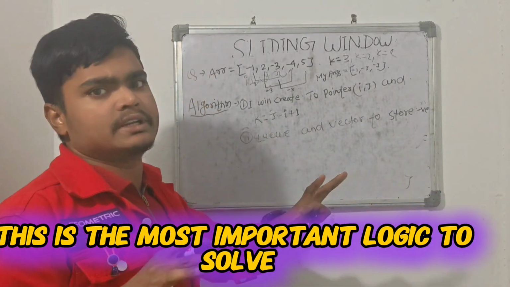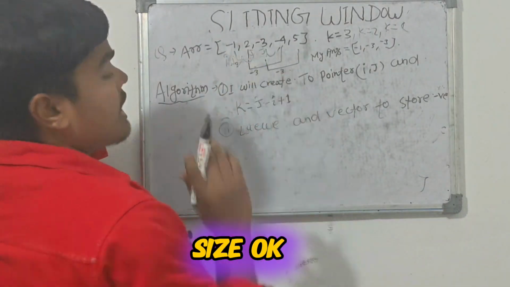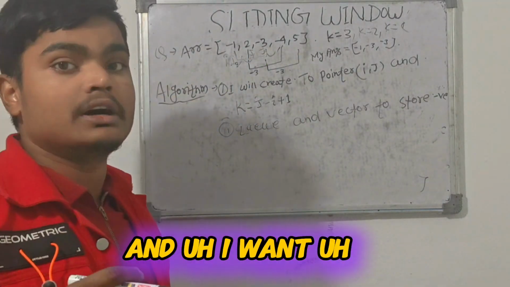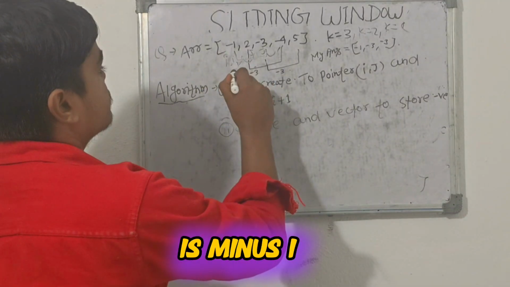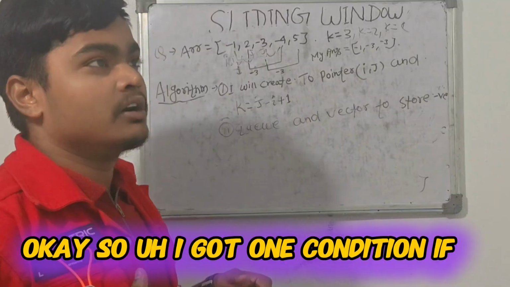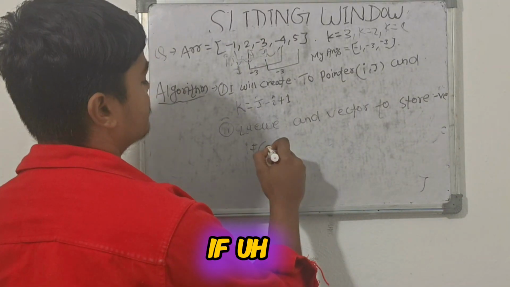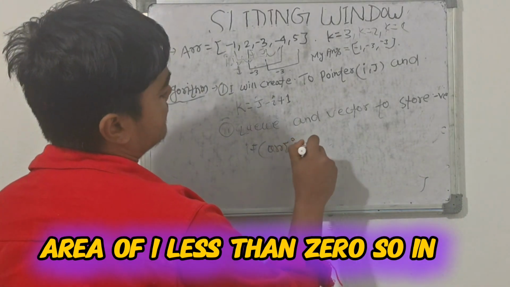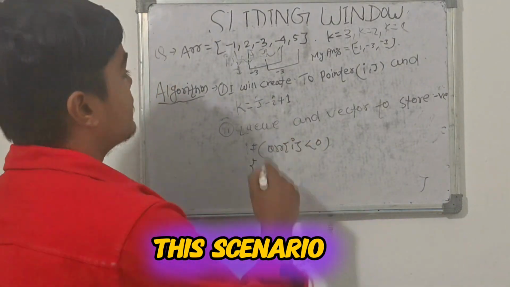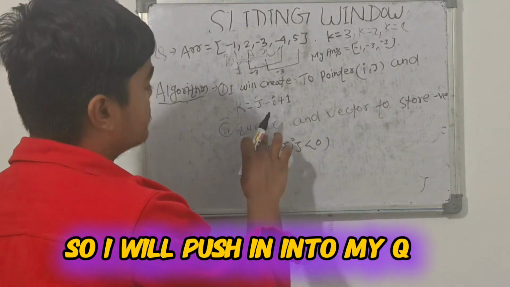Second is the most important logic to solve this problem. This is my window, and I need to store the first negative number, which is -1. So I write one condition: if array of i is less than 0, then my first negative number is present here, so I will push it into my queue.